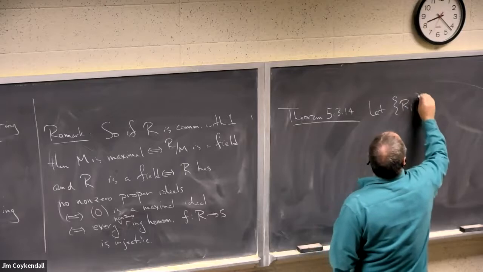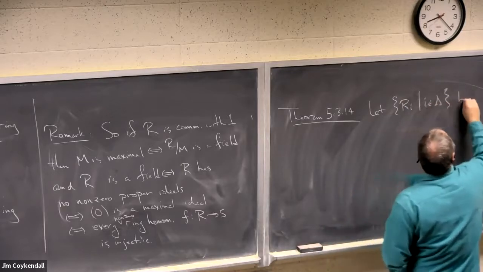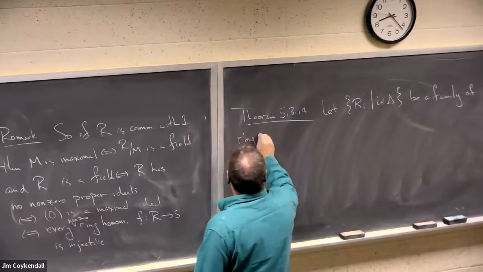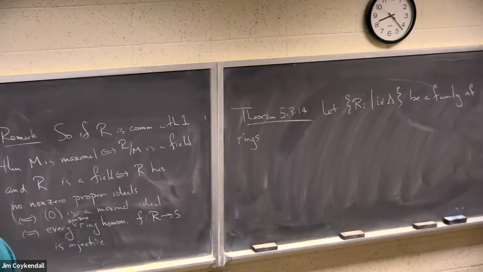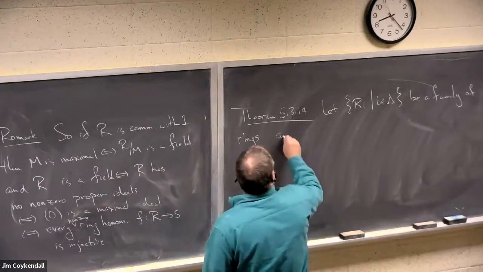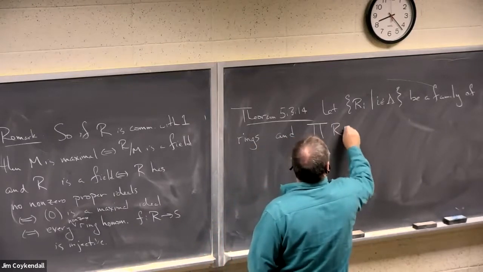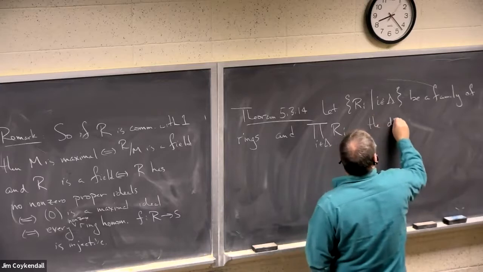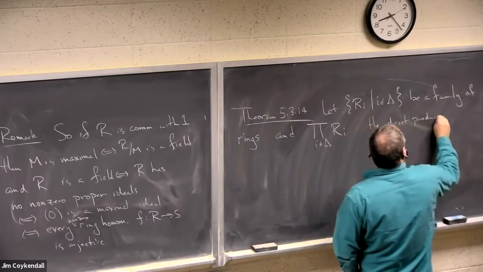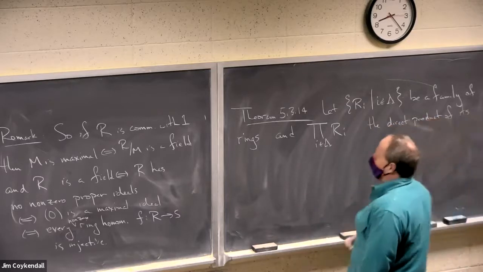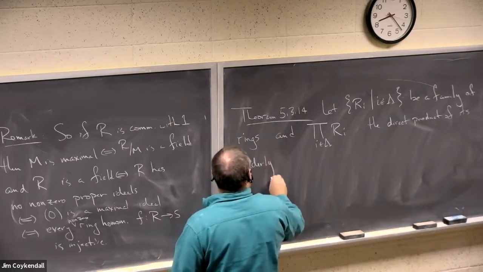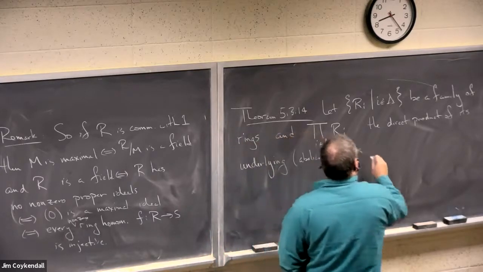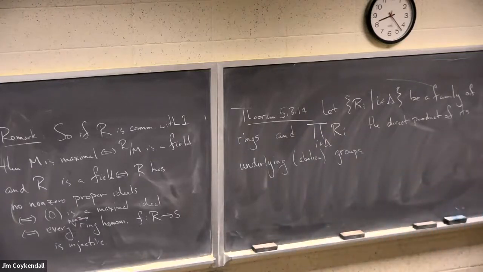Let R_i be a family of rings, and consider their direct product. So at the beginning of this construction, what I'm saying is forget about the fact that these are rings.